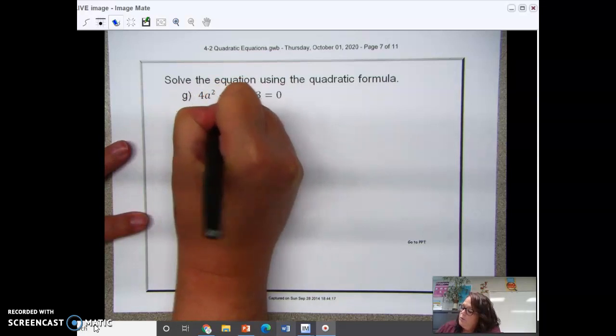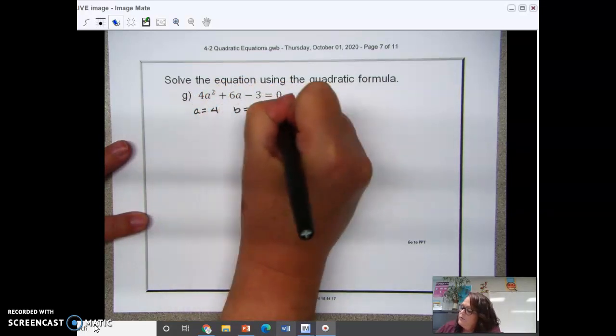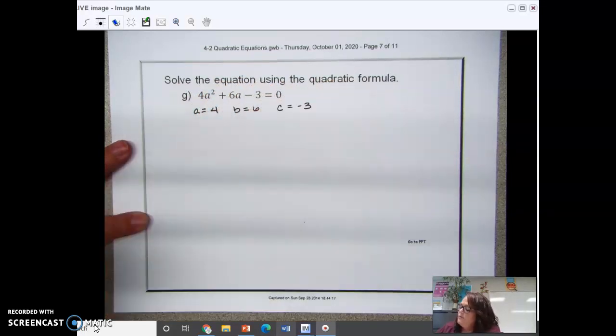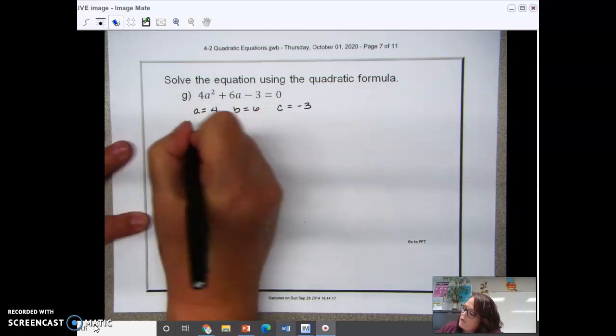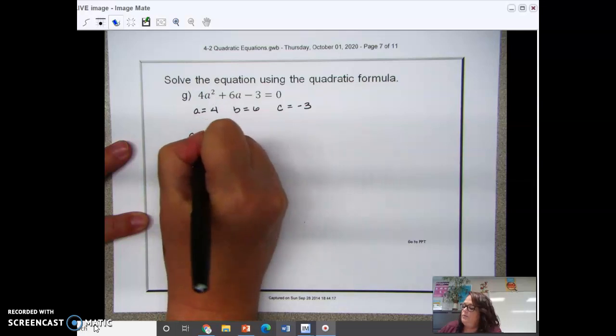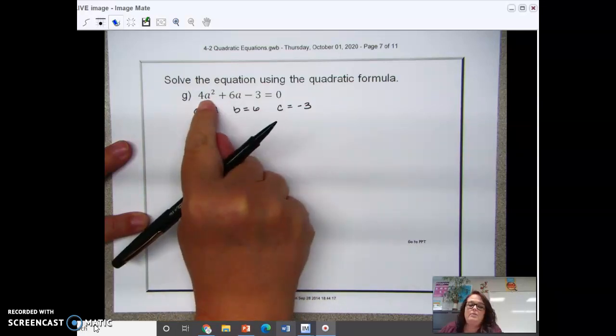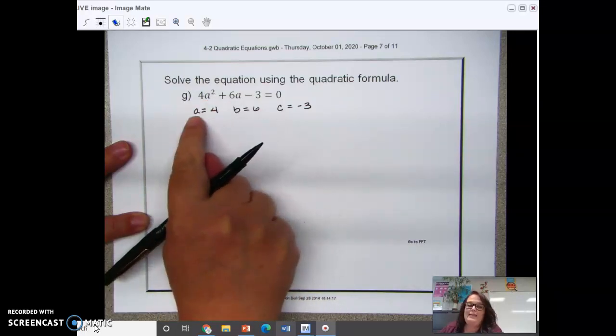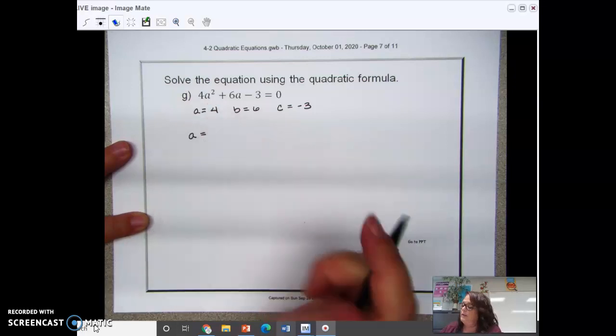So we have an A value of 4, a B value of 6, and a C value of -3. So in this case, we're going to say x equals, but recognize this A that we're talking about in the question is different than the A that we're talking about in terms of the quadratic formula.